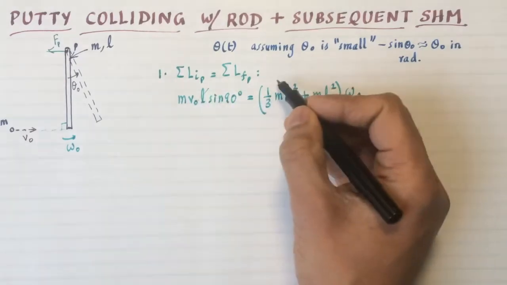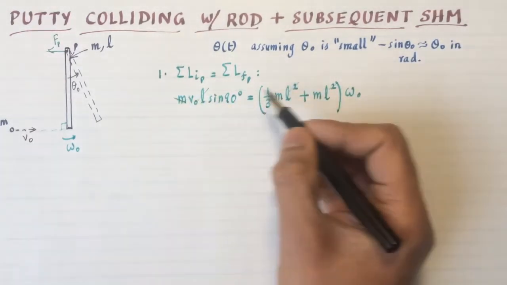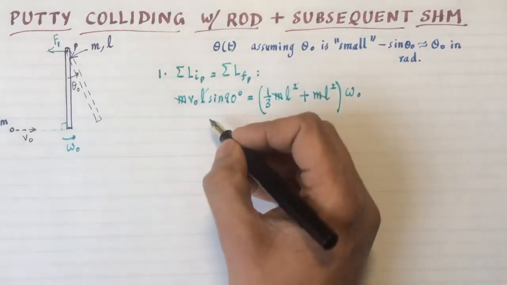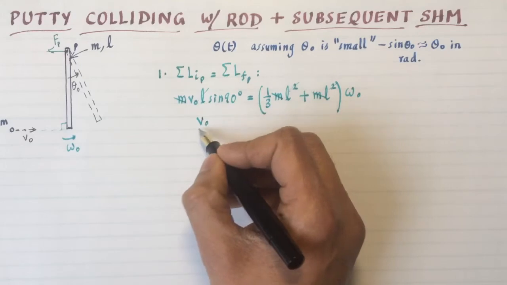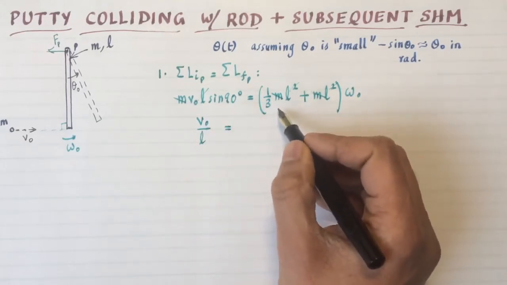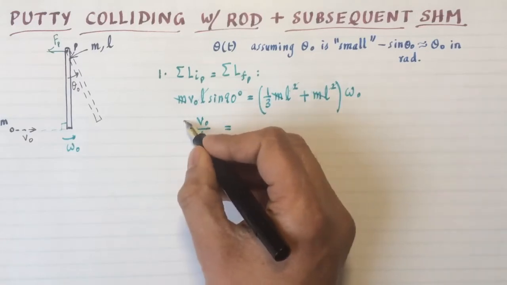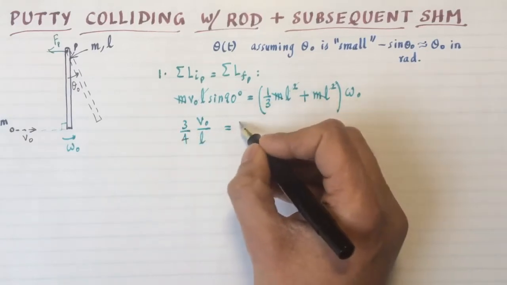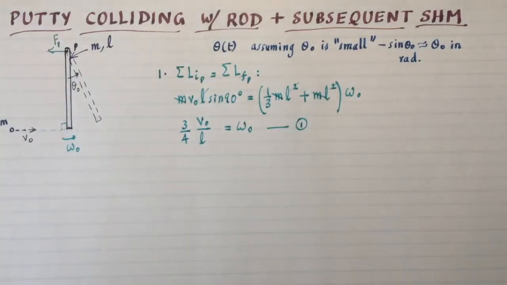So I lose one factor of L here, and I also lose the m's. The other factor of L can come down over here. So v naught over L, sine 90 is 1, so I won't write it. 1/3 plus 1 is 4/3. So that becomes 3/4 when you bring it over here. So that gives me the first thing I need.